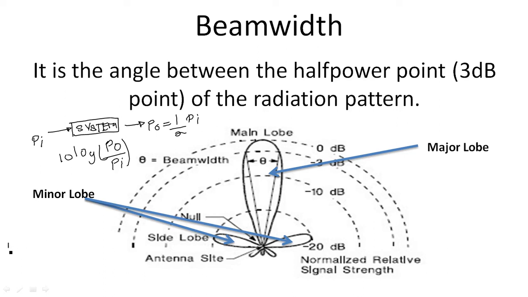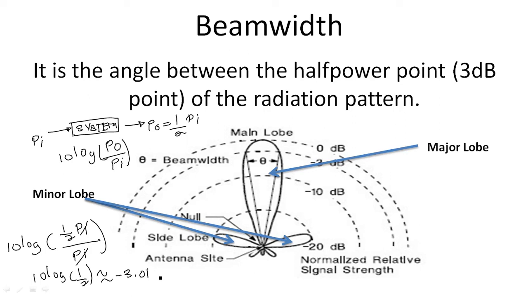So, 10 log, output power is 1/2 of input power divided by input power. So, cancel si input power. So, 10 log of 1/2 is approximately equal to negative 3.01 decibels.